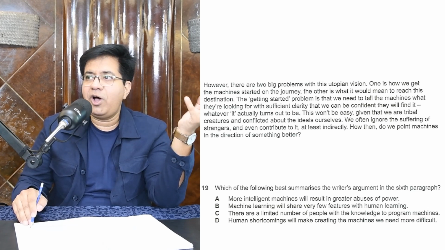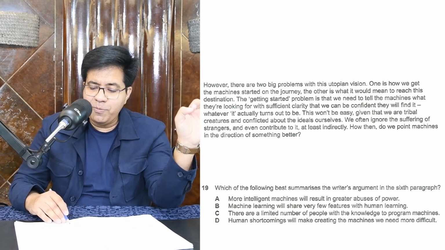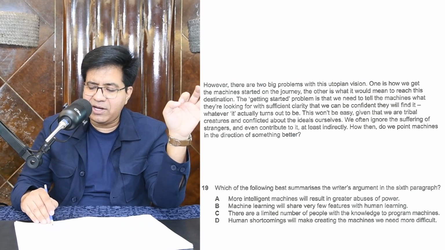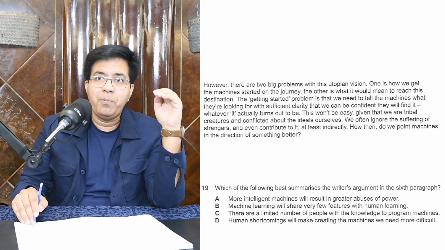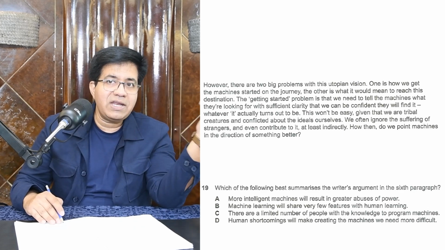No. So when three options are gone, most definitely the right option is D. Human shortcomings will make creating the machines we need more difficult. And what are human shortcomings? We increase the agony, we are conflicted people and all that stuff. So the correct answer for question number 19 is option D.